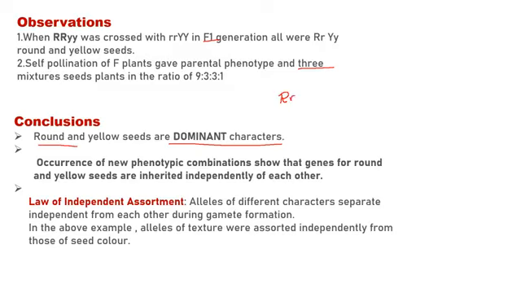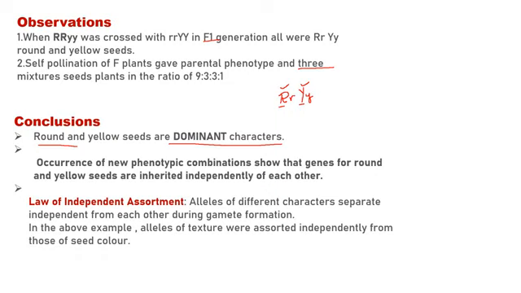If you have seen the parents in the F1 generation, they were having round and yellow genes which are dominant, and wrinkle and green genes which were recessive.